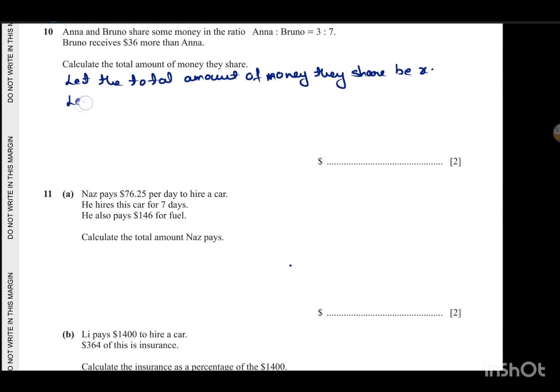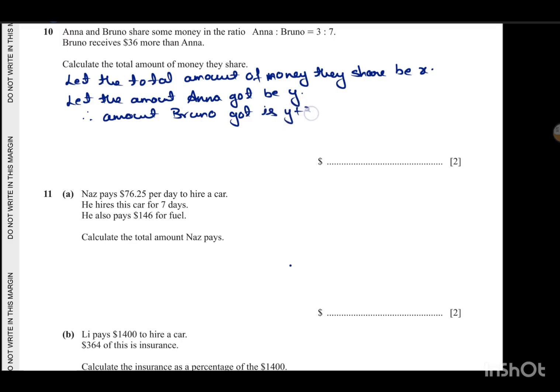So let the amount Anna got be Y. So therefore the amount Bruno got will be Y plus 36. 36 more than Anna, right?